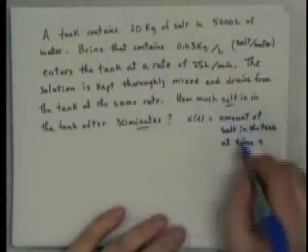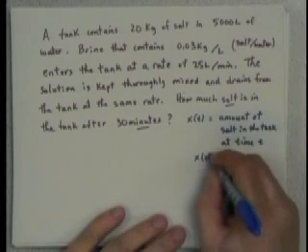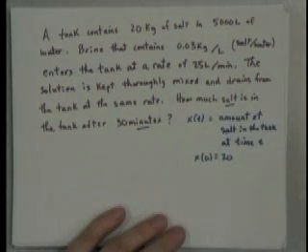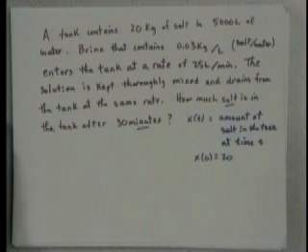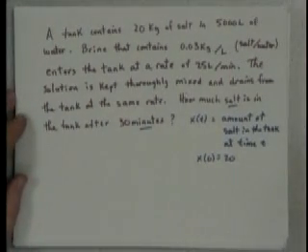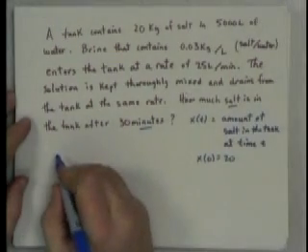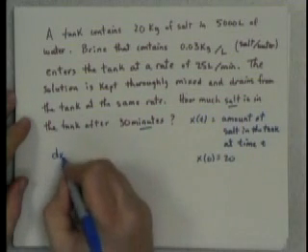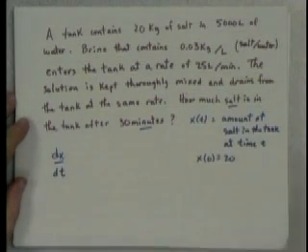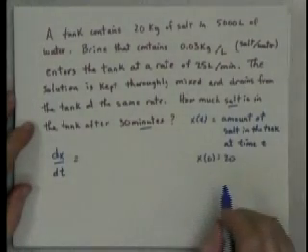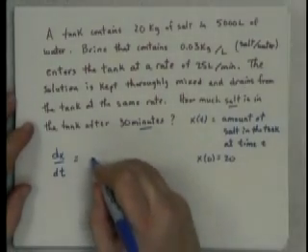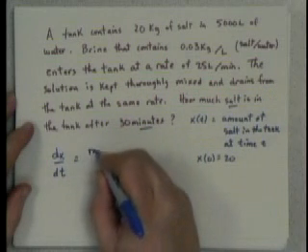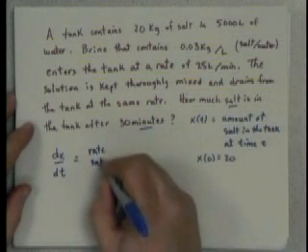And this initial value, x of 0, is going to be 20. A differential equation should represent how fast the amount of salt is changing with respect to time. And so I'm going to put the rate at which salt comes in.